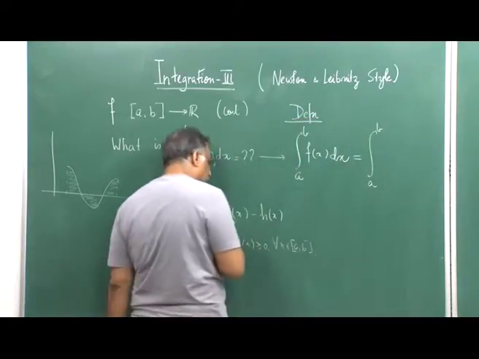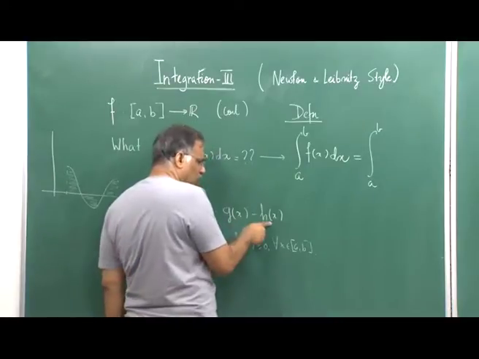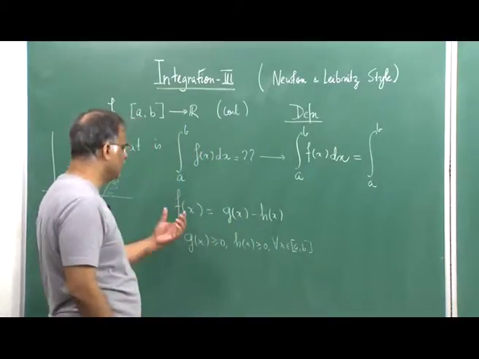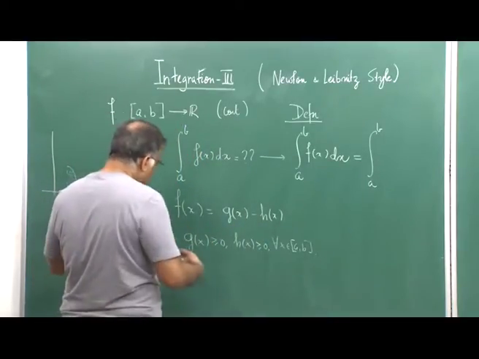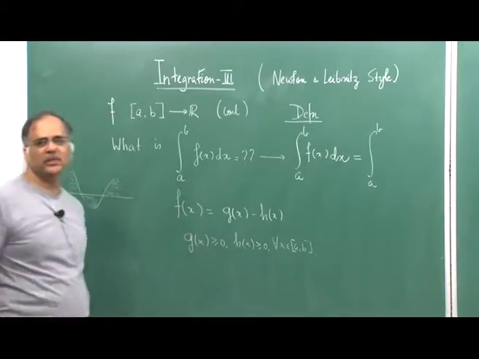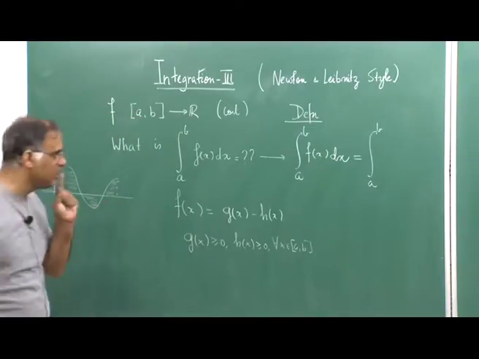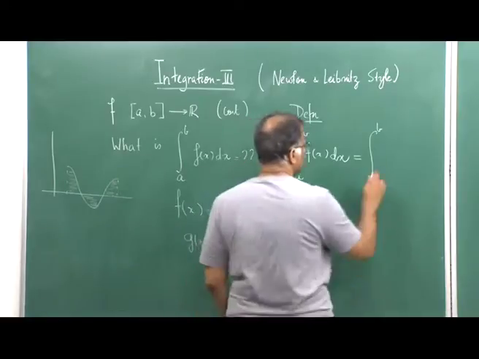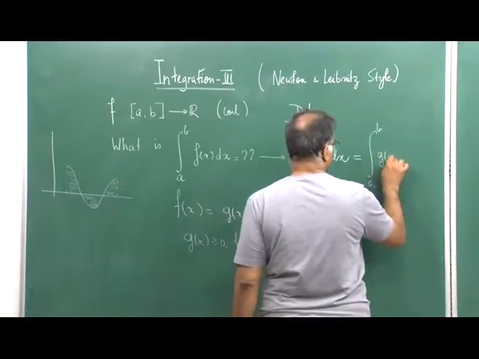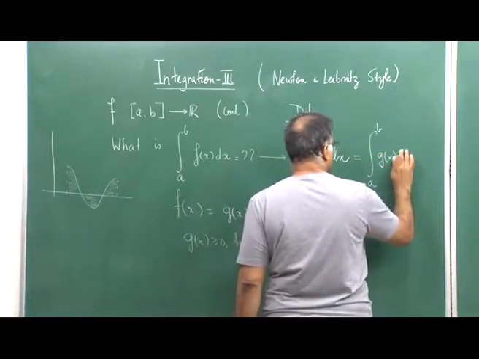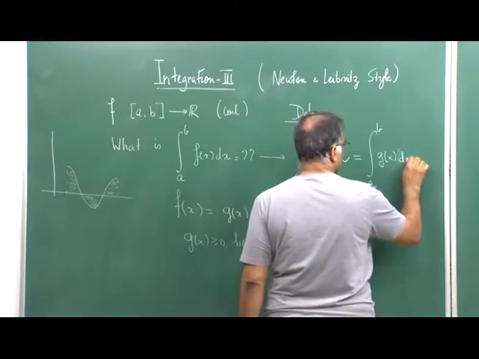Now we know how to evaluate the integral of a non-negative function. So if I take the difference of the integrals, we define that as the integral over [a, b]. It's a definition, by the way, please understand this. If I define it in this way, a lot of things start making sense.